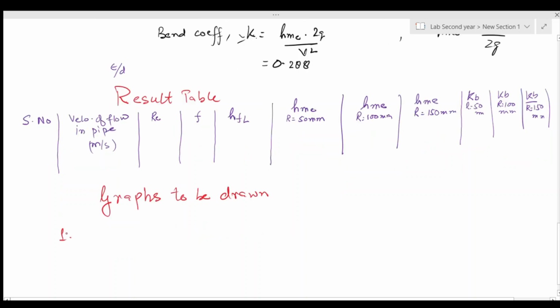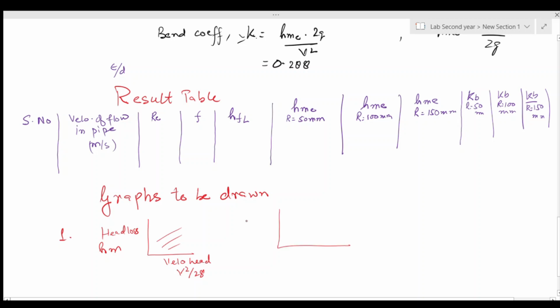The first graph would be head loss, that is HM, versus velocity head, that would be V square by 2G. So that would be my first graph, and I can draw it for all three, R equals 50, 100 and 150 mm.